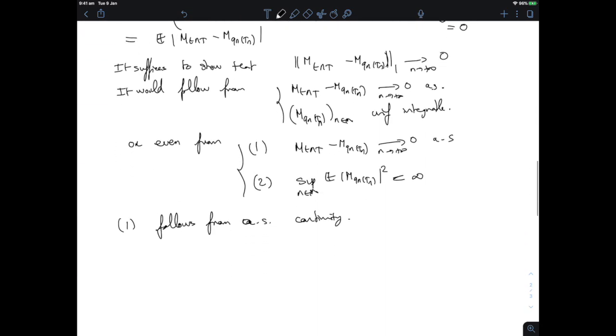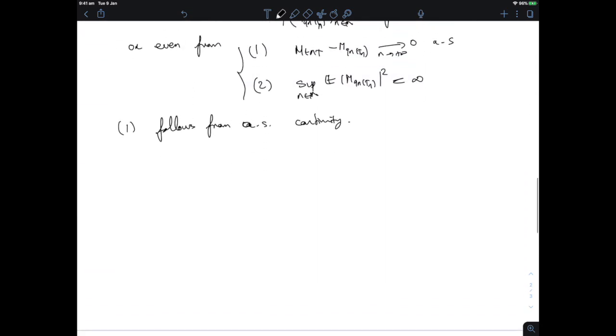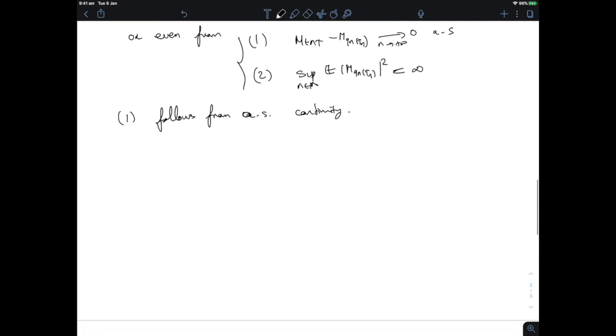So I have a continuous martingale, and one is going to follow from the continuity of that martingale, because for every omega in Omega, if I look at q_n of tau_n of omega minus tau of omega, well, q_n of tau_n of omega is the first number in the interval above tau of omega, and so this here has to be smaller than 2 to the minus n. So of course, for every omega, it goes to 0 as n goes to infinity.